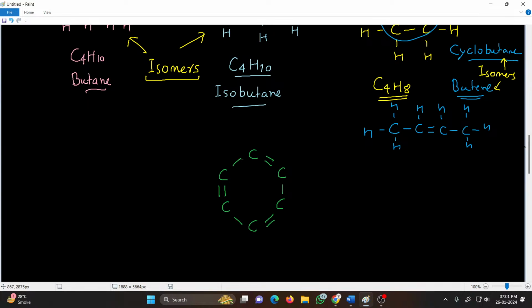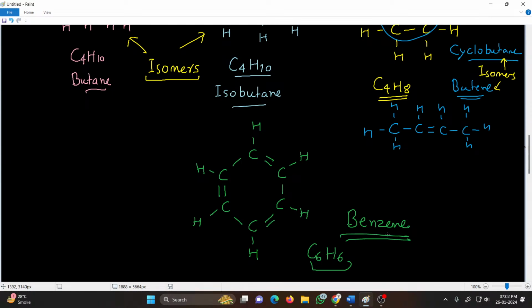Now you can see that each carbon is getting 3 electrons, one from the single bond, 2 from the double bond. So each carbon requires only 1 hydrogen to complete its octet, and the structure is C6H6, and this structure is known as benzene. So like this we have seen the chains, branches and rings.